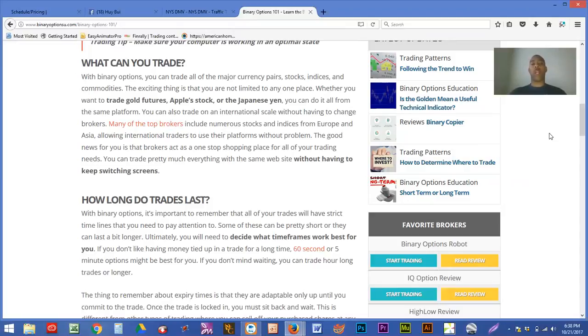Most brokers will allow you to trade commodities like gold and silver. Some brokers, like my broker, also allow you to trade cryptocurrencies like Bitcoin and Litecoin and things of that nature. So you'll have your choice of which type of market you want to trade, depending, again, on the broker that you choose.